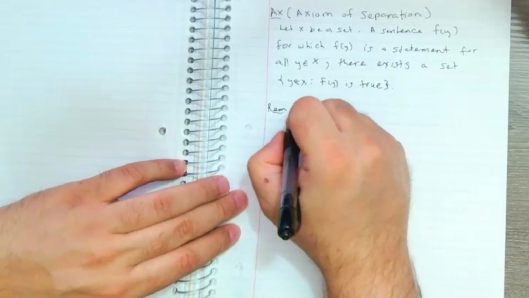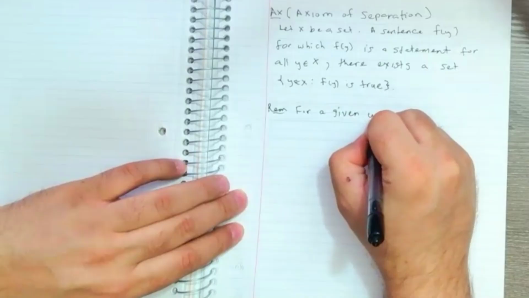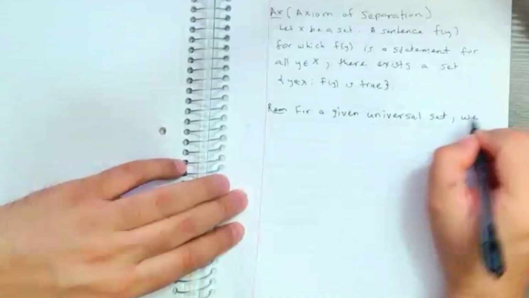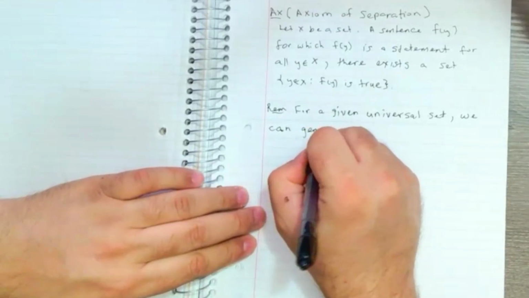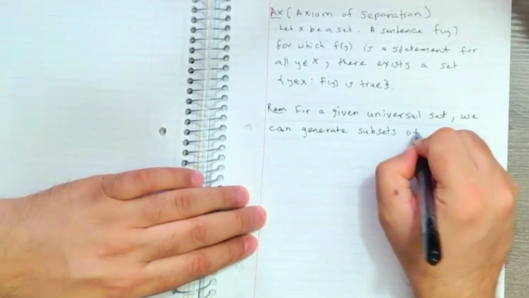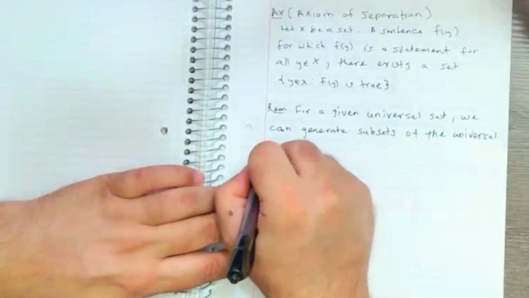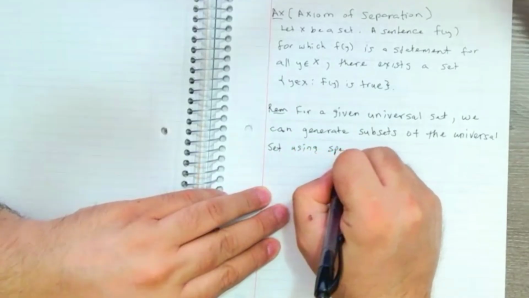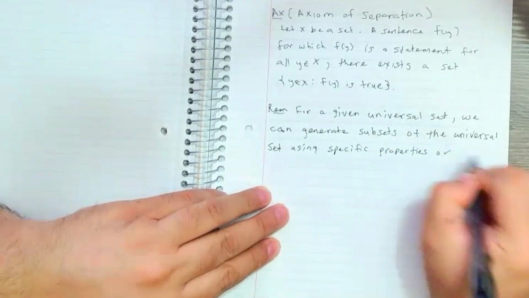So this axiom tells us that for a given universal set, we can generate subsets of the universal set using specific properties or conditions.